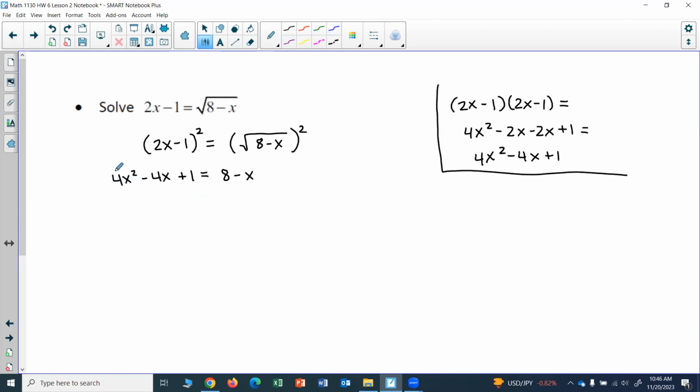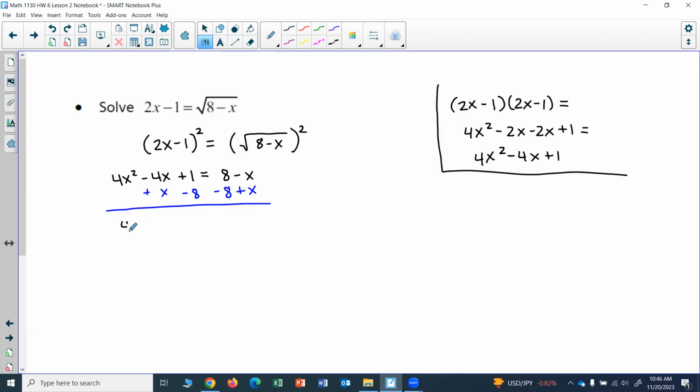Anytime you have a quadratic, ax squared plus bx plus c, you want to go ahead and set it equal to 0. So I'm going to add x to both sides. I will also subtract 8 from both sides. And so now my quadratic will be equal to 0.